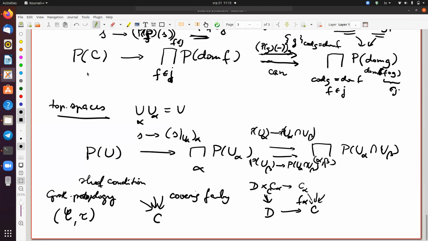And then you can again make a condition for what a sheaf is, and this condition is usually expressed in terms of an exact sequence. But the exact sequence is just like this one here. The only thing is you don't have intersection, but instead of intersection you will have C alpha cross C beta over C. You will have P on a pullback, and the maps are very easily defined. I will say more details maybe tomorrow.